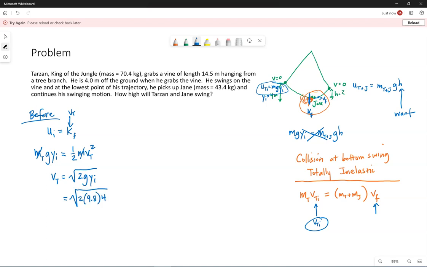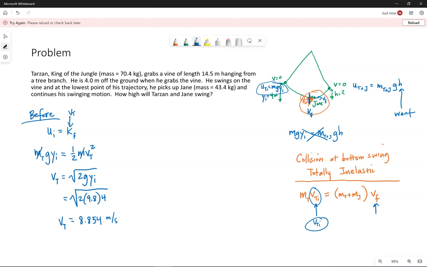So he was 4 meters off the ground. Right before he picks up Jane, he is traveling 8.854 meters per second. That is how fast he's traveling right before the collision.